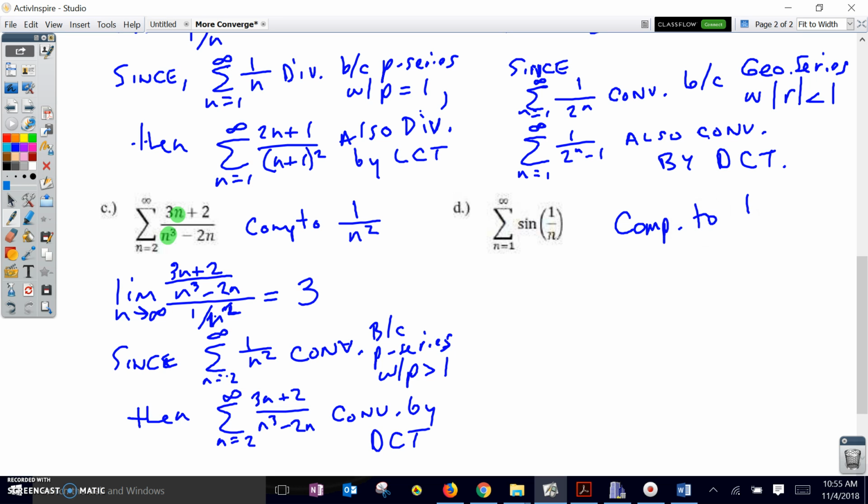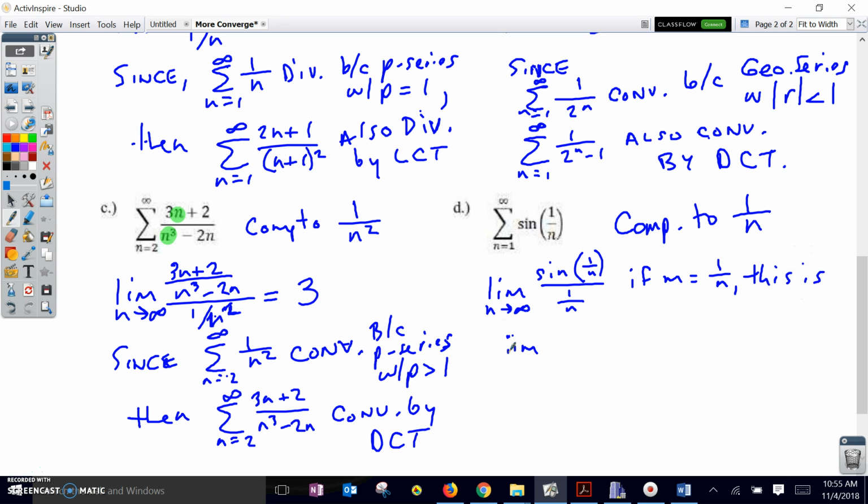I'm going to compare this to 1 over n, because then I've got the limit as n goes to infinity of sine of 1 over n over 1 over n. And now I'm going to introduce another variable here. If m equals 1 over n, this is the limit as m goes to 0 of sine of m over m, which is equal to 1.